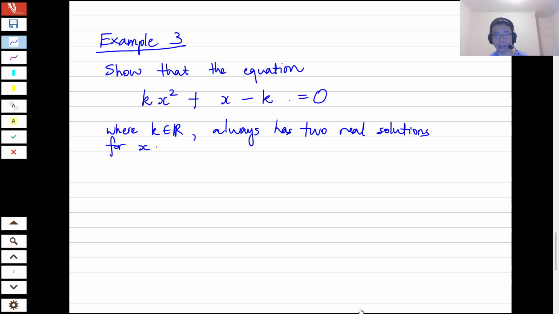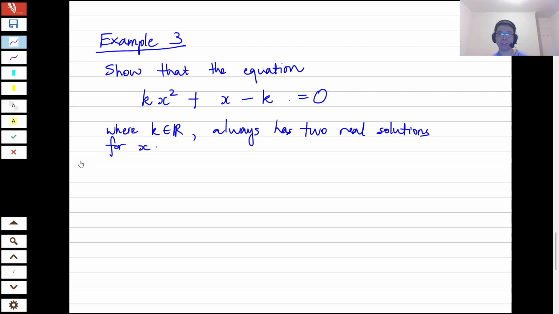Here is an equation, kx squared plus x minus k, and I've set that equal to 0. This isn't just one equation, it's a whole family of equations with this parameter k, and because you're in Year 12, you're expected to be able to deal with families or parameters of curves all at once and analyze them algebraically like this.